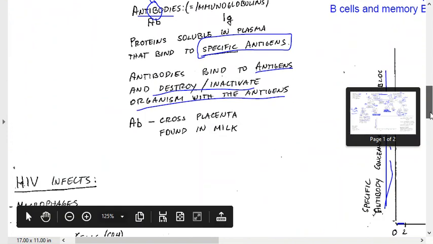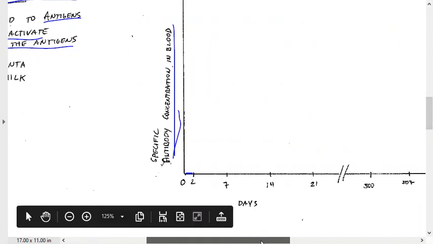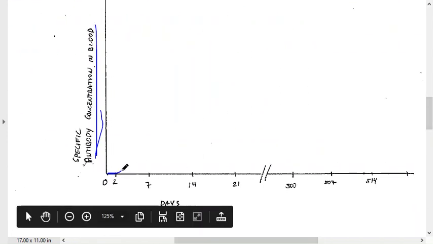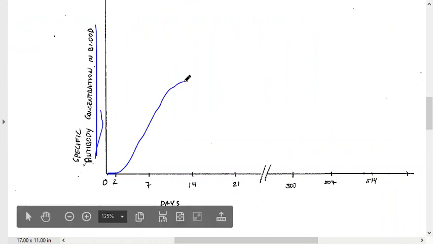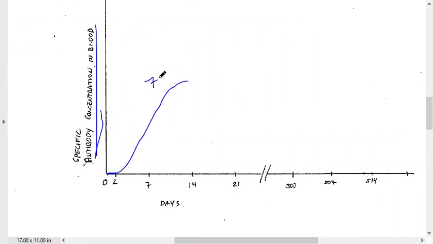That takes about 2 days, and the level of antibodies in your blood will peak at roughly 7 to 14 days. So 1 to 2 weeks is how long it takes for the maximum amount of antibodies to be in your bloodstream. If this is the first time you ever saw that virus, then this is called your primary response.